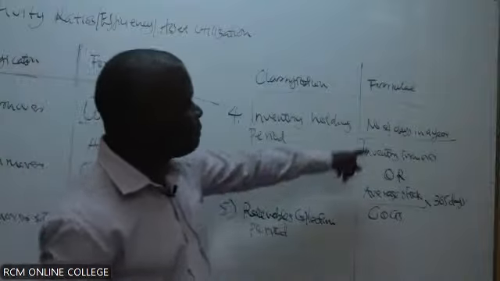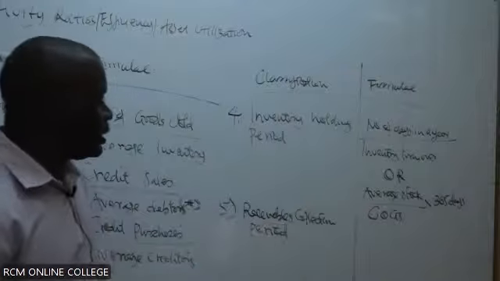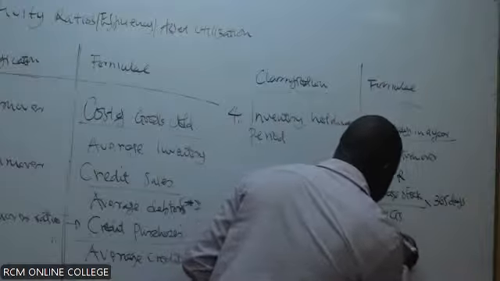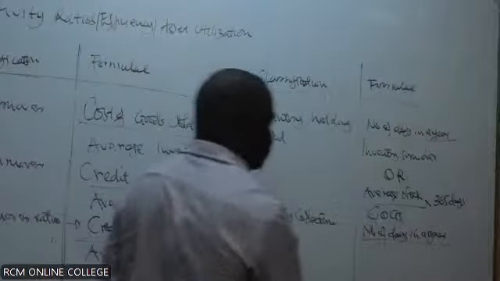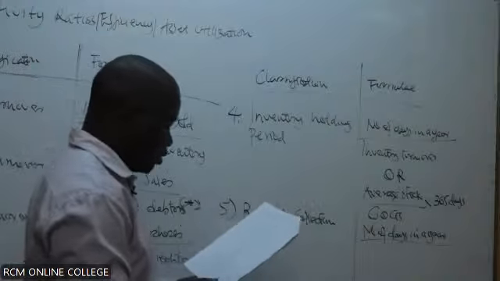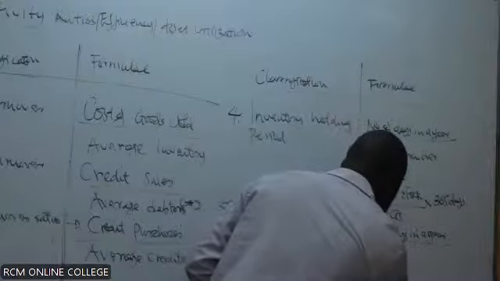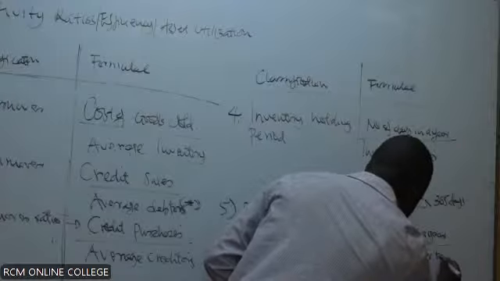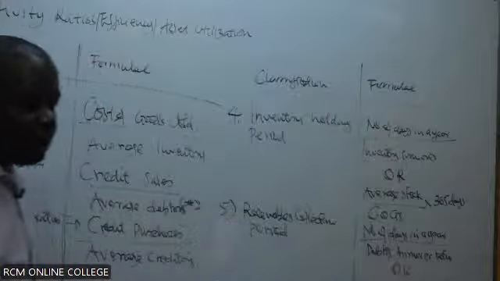So if you come here and want to know the receivables collection period, you take the number of days in a year, and you divide by the receivables turnover ratio, or the debtors turnover ratio. Or, we have an or there.